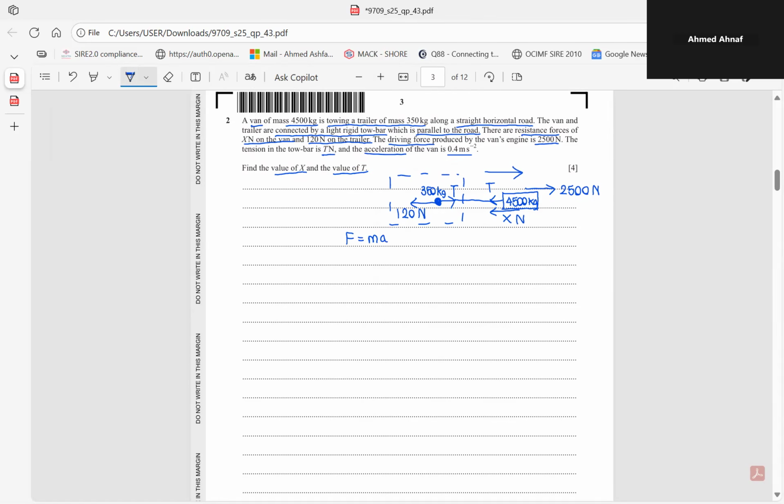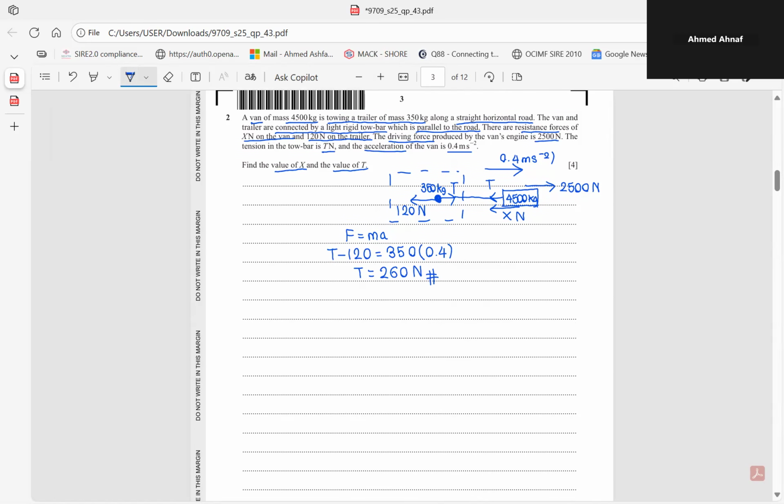F is the resultant force acting in the direction of motion, so that is T minus 120, and that equals M, which is 350, times A. A is 0.4 meters per second squared. So we can straight away solve for T. 140 plus 120 is going to be 260 newtons. So this is the final answer for T.